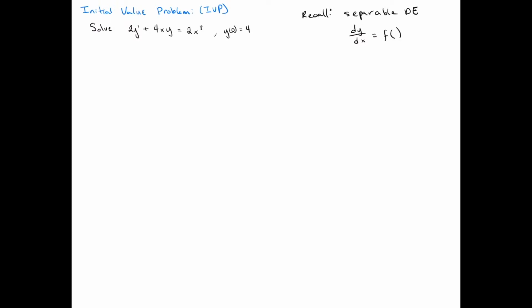If we're dealing with the variables y and x, then dy over dx is equal to a function in terms of x and another function in terms of y, multiplied together. But in this problem, we see that we have a term that is added. So we know for sure that it is not separable.